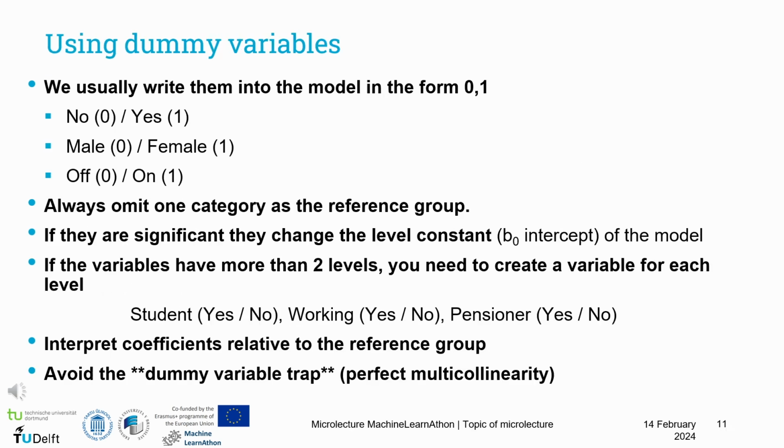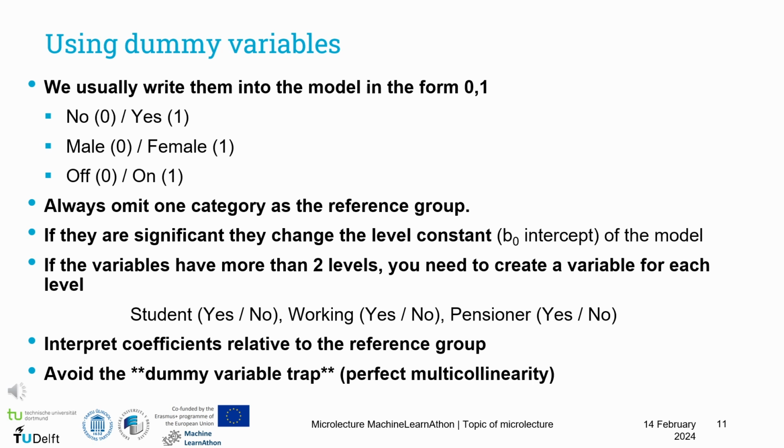Dummy variables are written in binary form, such as 0 for no and 1 for yes. One category is always excluded as the reference group. If a dummy variable is significant, it shifts the intercept of the model. For variables with more than two categories, we create one dummy for each level except the reference.